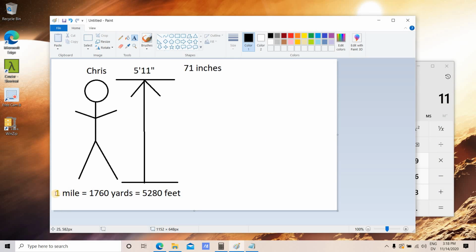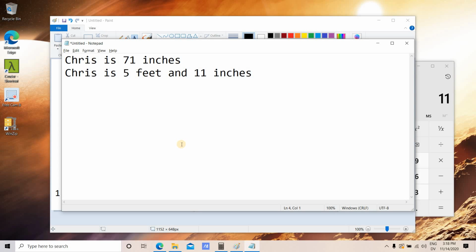Now, because we know that 1 mile, I had to look this up, is 1,760 yards, which is the same thing as 5,280 feet. So if I tell you, let's come up with a random distance: it is 4 miles.